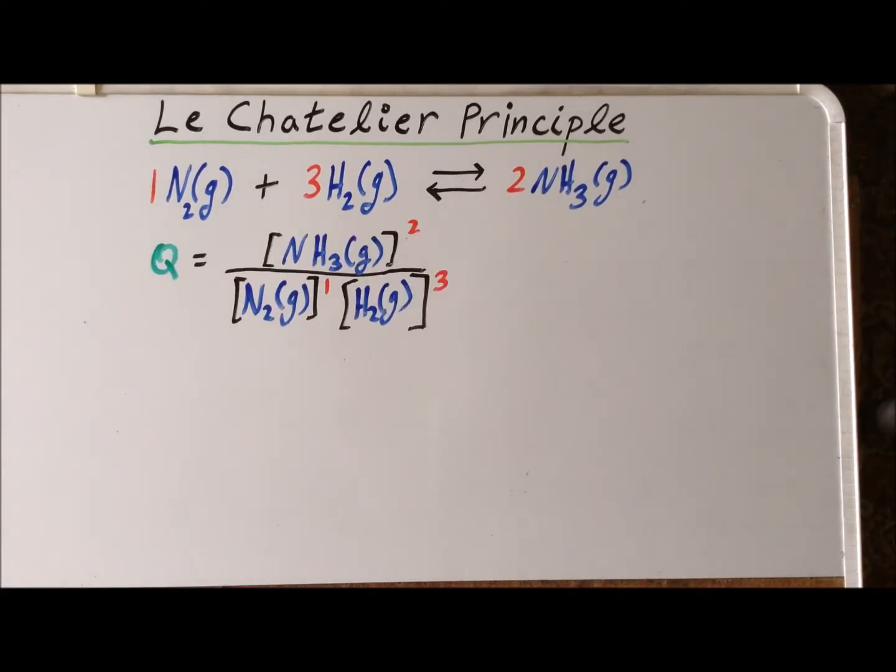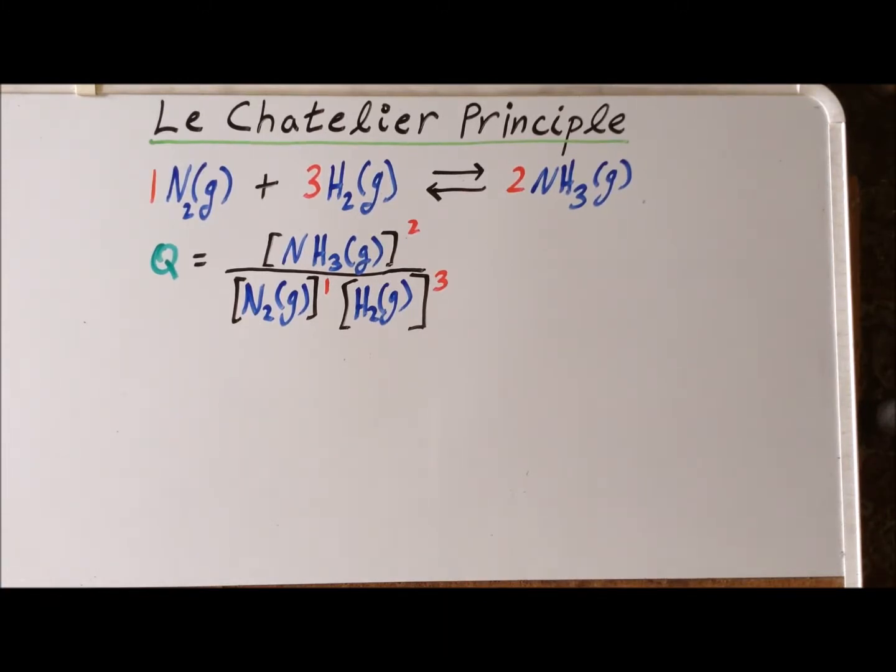So for this reaction, we can write out explicitly our expression for the reaction quotient Q. Notice that we have a reaction and it involves gas molecules. So we could consider our equilibrium constants and our reaction quotients either in terms of partial pressures or in terms of concentrations.